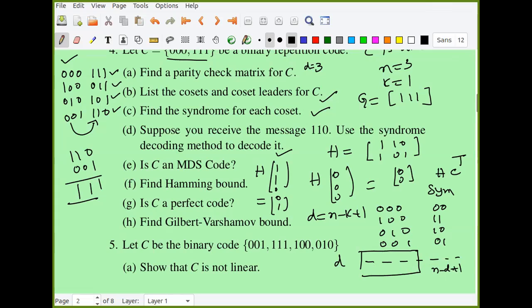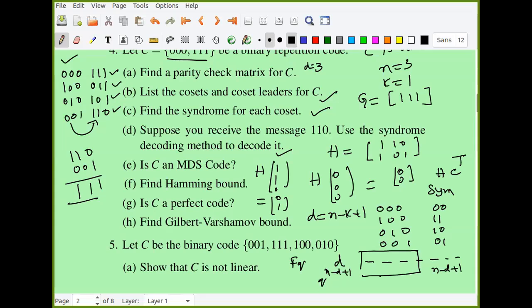Yes, sir. Now what is the maximum number of words we can have here? Words only, not code words. How many words can be formed of length n minus d plus 1 over Fq? Q power n minus d plus 1.